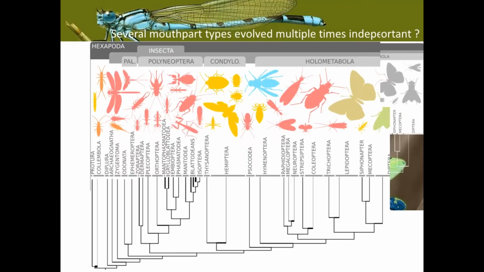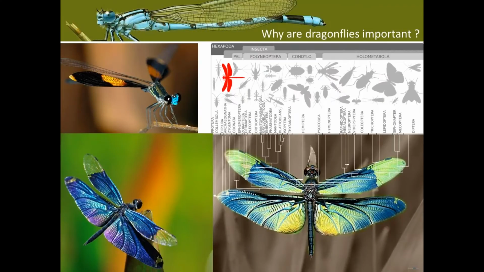Okay, and in this framework, dragonflies are very interesting and important because, as you see from this slide, dragonflies are really at the base of the insect tree. So dragonflies are, we could say, early evolved insects, which are in fact very old. And due to this special position, they are of course very interesting to understand the basics of the mouth part evolution.